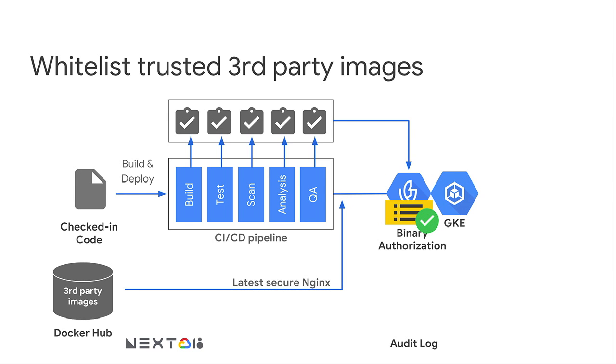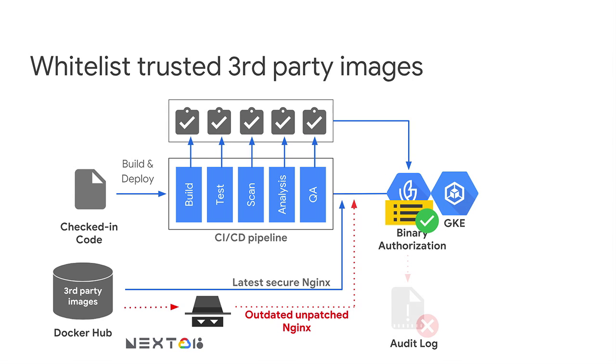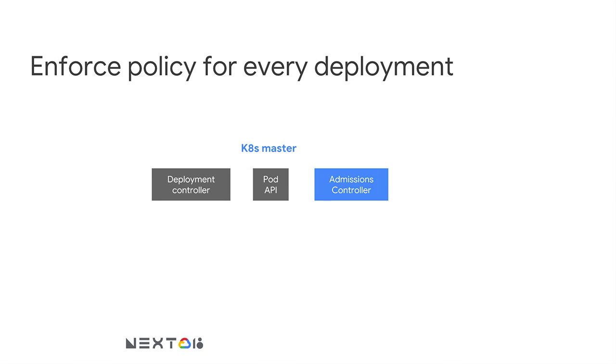And when an employee tries to push the latest secure Nginx image, the digest will match, and the deployment will go through. But if somebody tries to push the outdated, vulnerable version of the same third-party image, it would fail and generate an audit log so the security team can review this incident later on. And therefore secure your deployment environment.